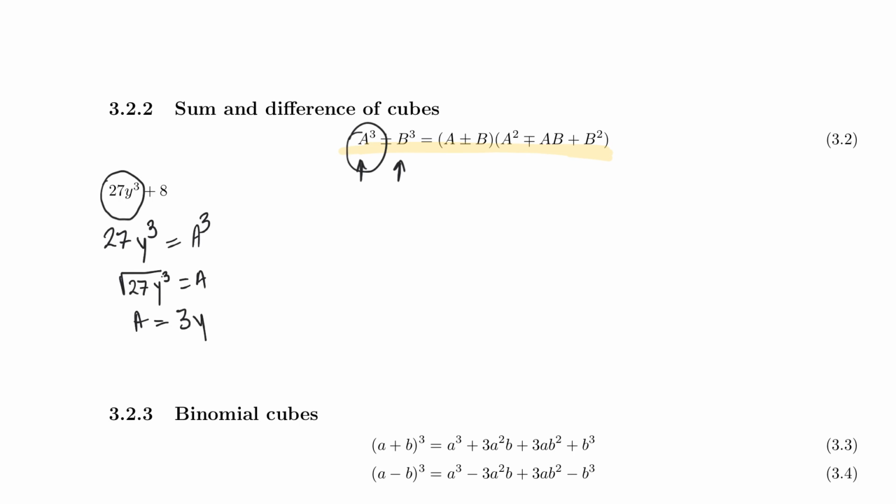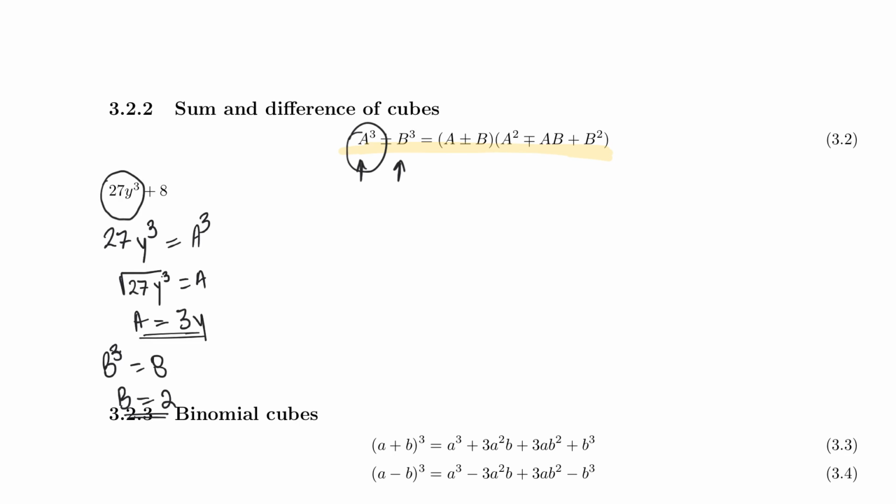You see that we are not interested in A cubed, we are interested in A alone. And we do the exact same thing with B cubed. B³ is equal to 8, then the cubic root gives B equal to 2. So we have the value of A and the value of B.